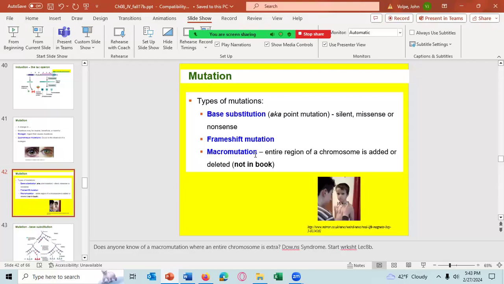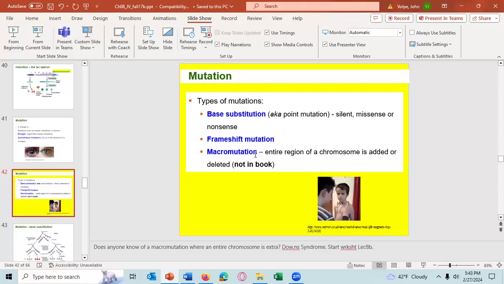A macromutation is a subject that is not discussed in your book. So you'll have to pay attention to this lesson for macromutation. A macromutation is where an entire region of a chromosome is either added or deleted. And you can find 2 different definitions of a macromutation online.